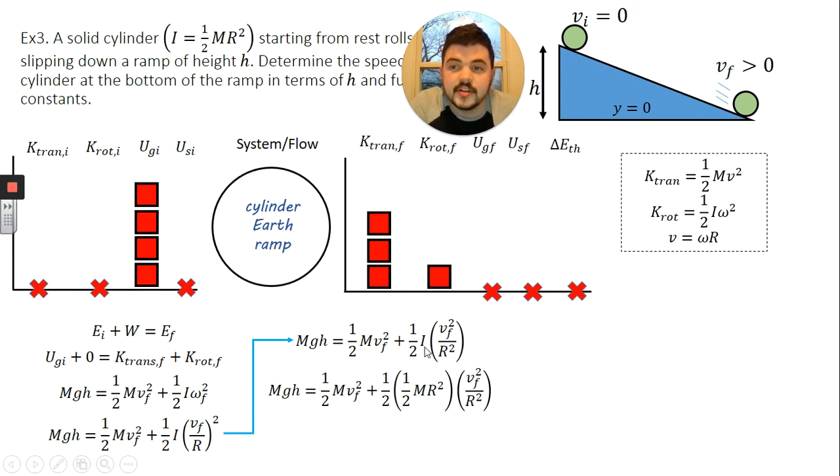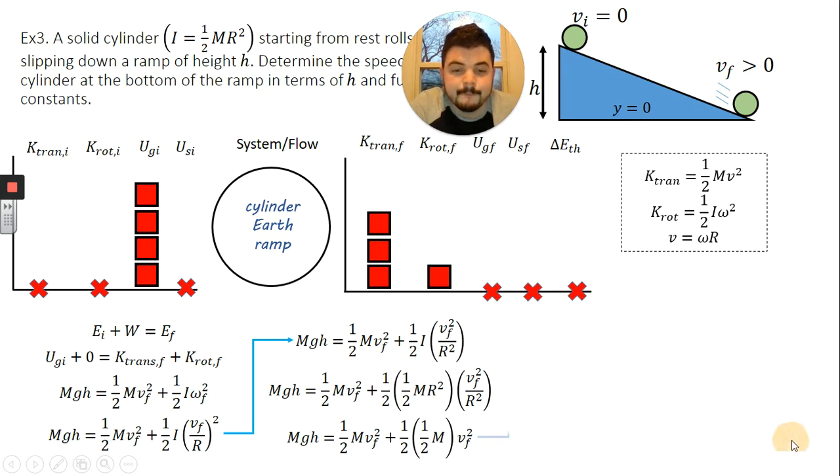The rotational inertia given for this solid cylinder is 1/2 mass times radius squared. So we replace I with that formula. Next step. R squared here in the numerator multiplied by 1 over R squared here in the denominator just equals 1. And so we no longer have any R squared term in this third expression.